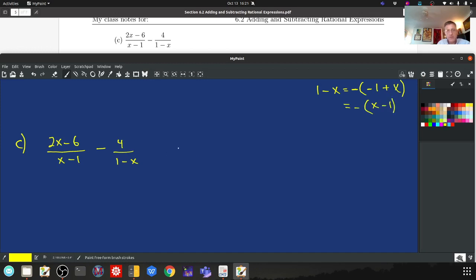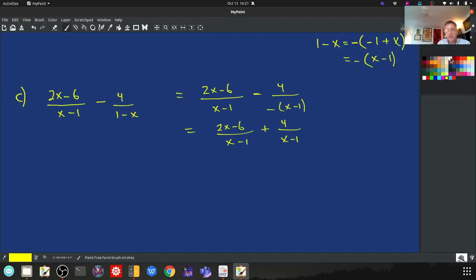So if I write this as 2x minus 6 over x minus 1 minus 4 over minus x minus 1, this one's not going to be so bad. That's the same as 2x minus 6 over x minus 1, minus a minus is plus 4 over x minus 1.